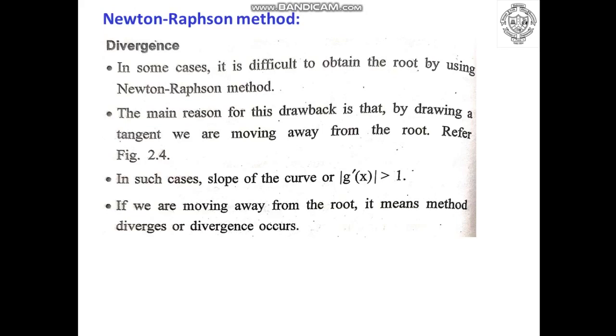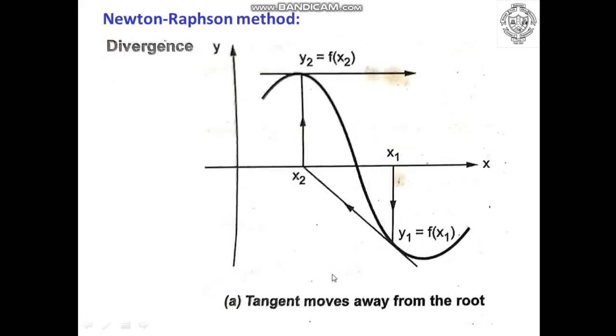Or in some cases, the slope of the curve, that is the absolute value of g dash of x, is greater than 1. So if we are moving away from the root, it means that your method is diverging, or divergence is occurring. Now I will try to explain what divergence is with the help of the figures.